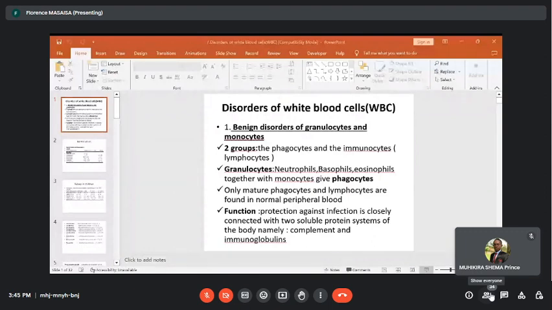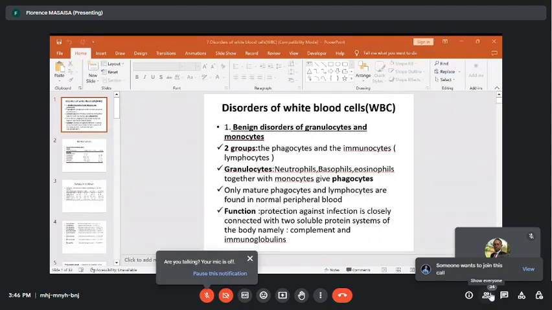Lymphocytosis, when the count is above the normal range, and the opposite is lymphopenia. Eosinophilia, when the count is above 0.6, and monocytosis and basophilia. For these, we only consider the increased number because the decreased one does not have any useful signification.